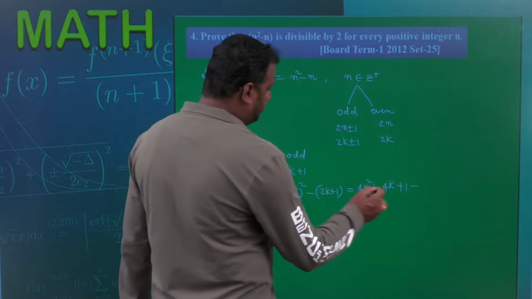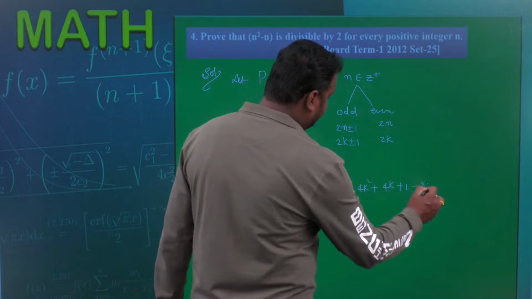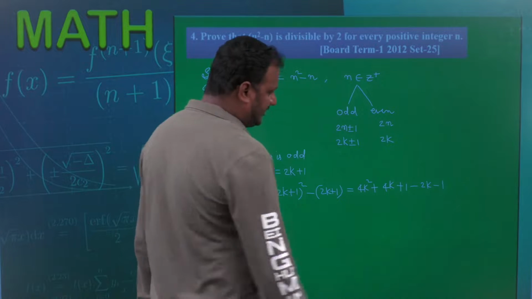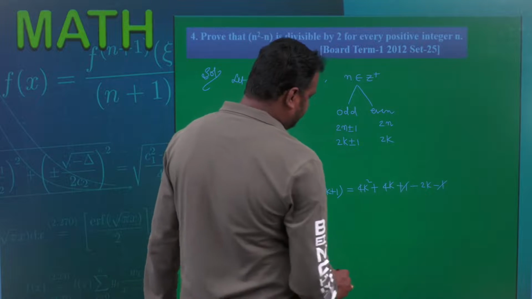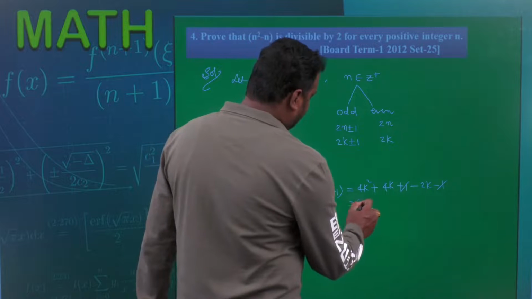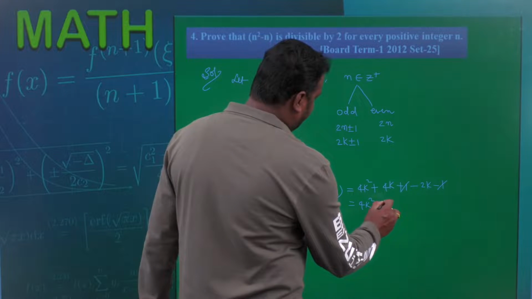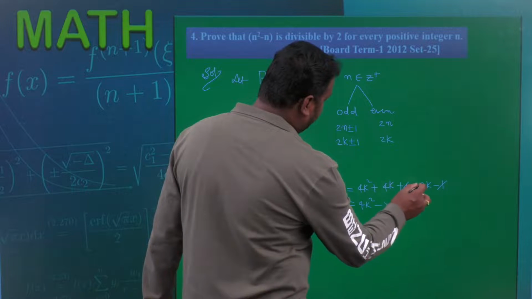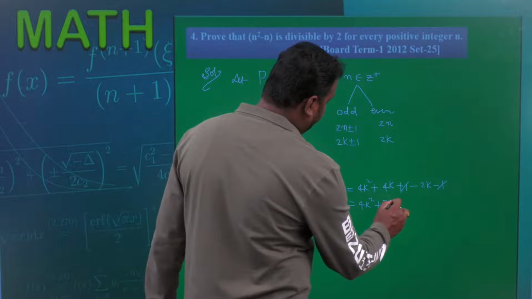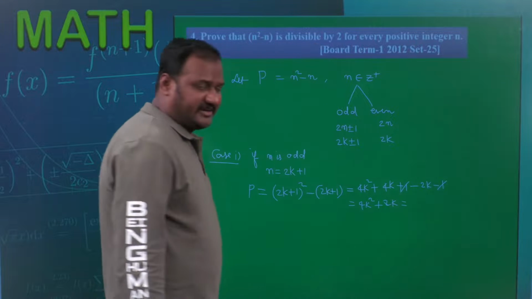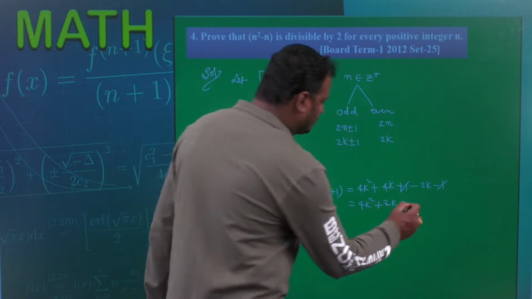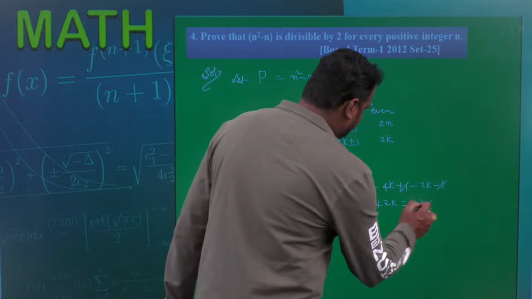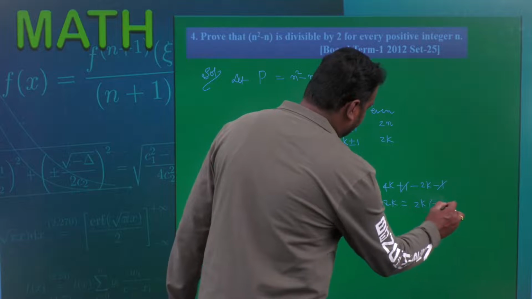Minus (2k plus 1) gives minus 2k minus 1. Here minus 1 plus 1 gets cancelled and it is 4k square plus 4k minus 2k, which is plus 2k. So totally you can take 2k common, so 2k times (2k plus 1).